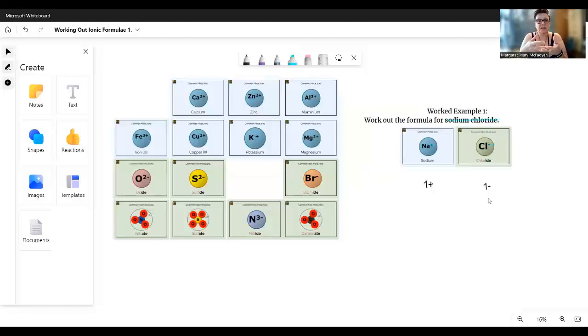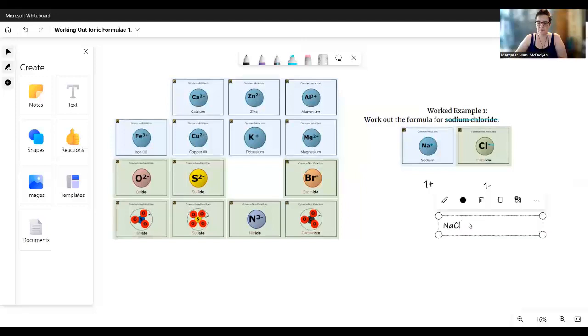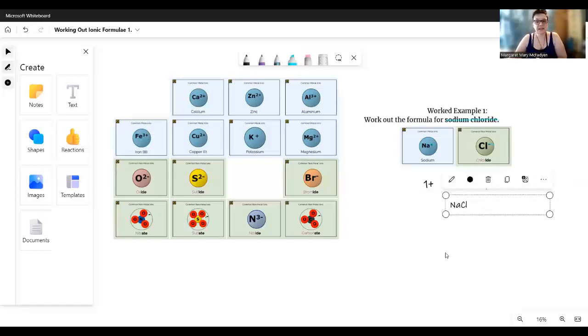And because they cancel each other out, this gives us the formula where we've got one of each card. So we've got one sodium, Na, which is the symbol for sodium, and we've got one chloride ion in this compound, which is NaCl. So the formula of sodium chloride, by taking into consideration the charges on the ions, is NaCl.